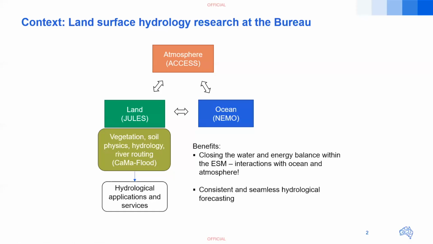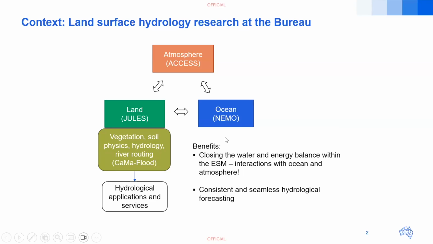Part of that work involves looking into the vegetation component, the soil physics, and also the hydrology in JULES. And particularly, I'm looking at the river routing and trying to use CaMa-Flood in the JULES land surface model. So this paper is part of that bigger project.